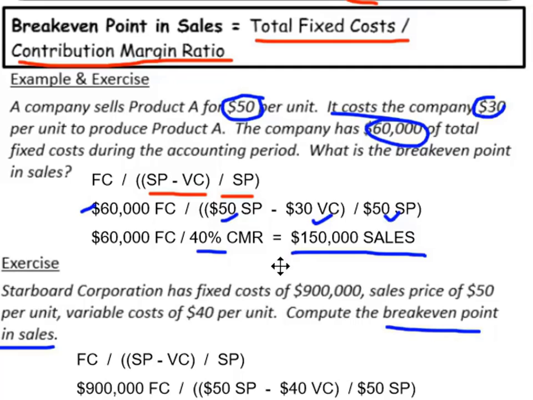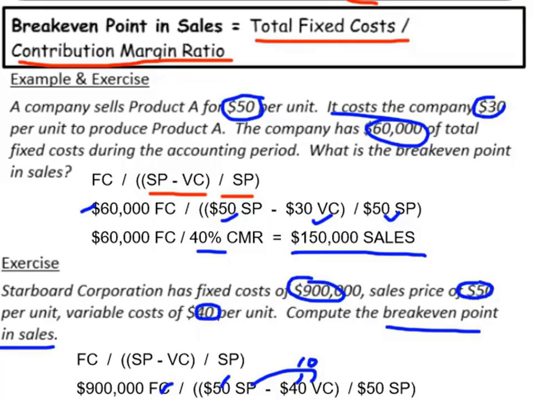I go on then, I have $900,000 worth of fixed costs. So that goes in the formula. I know my selling price is $50 per unit, and I know my variable costs are $40 a unit. So I'm going to have a total contribution margin here of $10 per unit divided by my $50 selling price, and now I'm going to generate a contribution margin ratio.